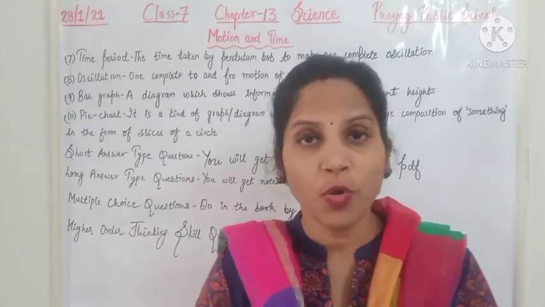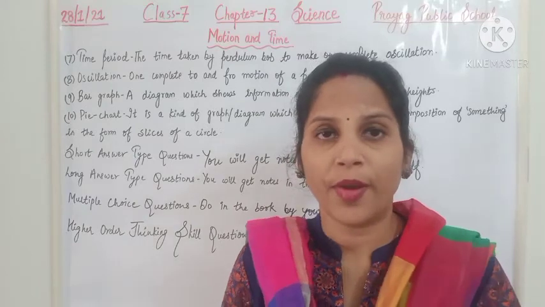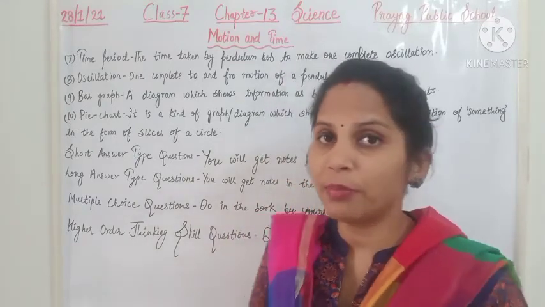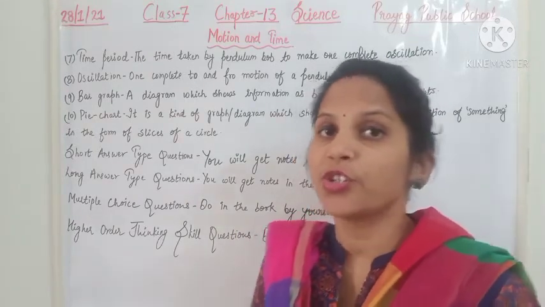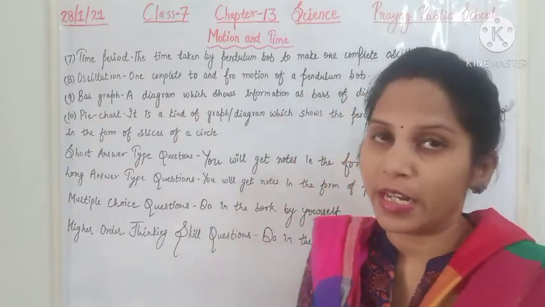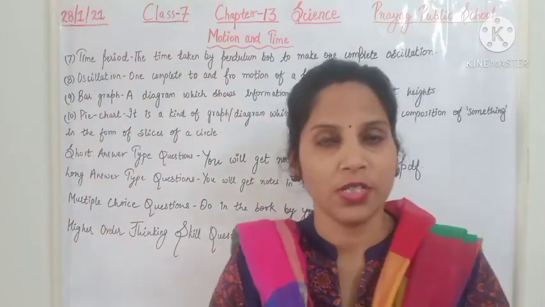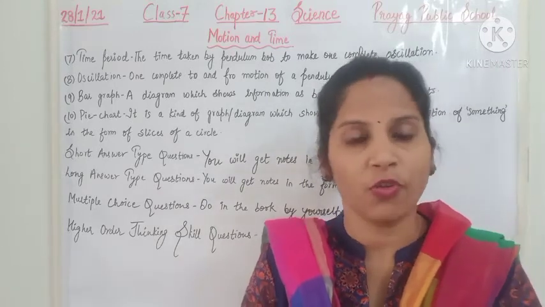And in the notebook what we have to do? First of all, put the date, write the chapter name, chapter number, then about the chapter, key terms of the chapter. Then you have to write short answer type questions that I will be providing you notes, and long answer type questions, okay. And at last you have to write summary by yourself, okay, children.